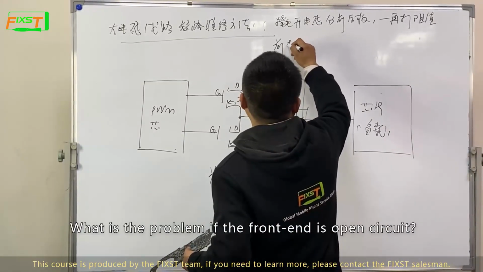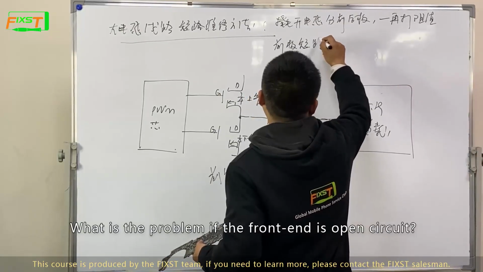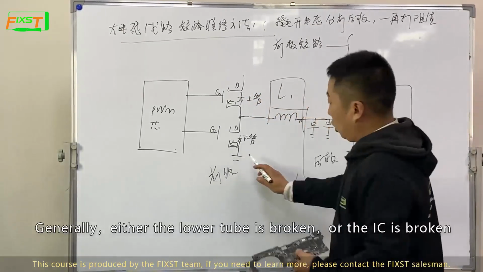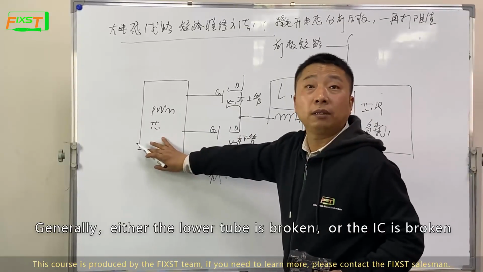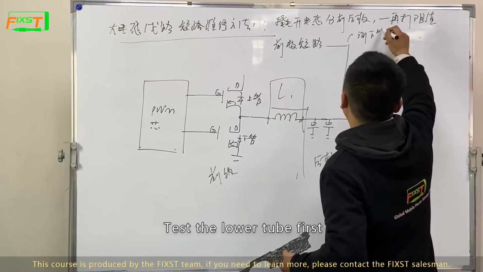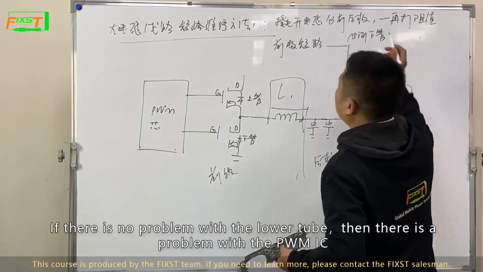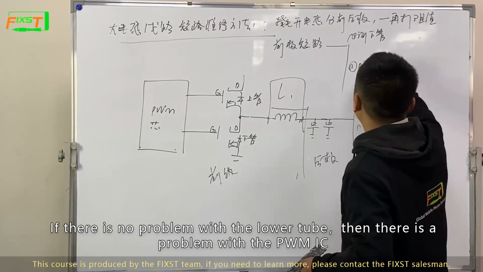What is the problem if the front end is short circuit? Generally, either the lower tube is broken or the IC is broken. Test the lower tube first. If there is no problem with the lower tube, then there is a problem with the PWM IC.